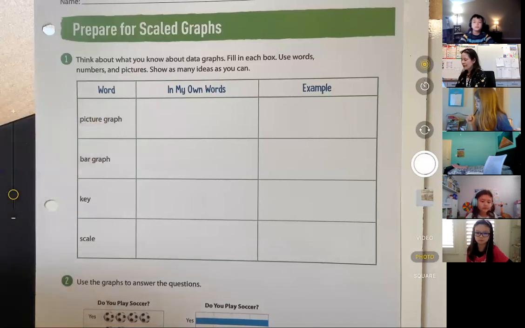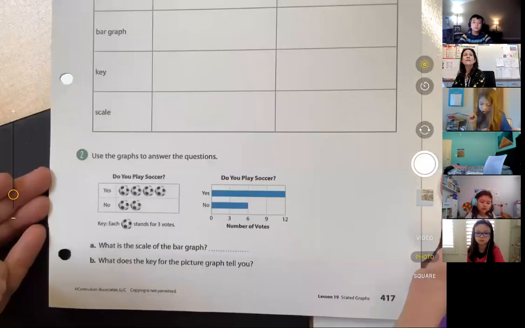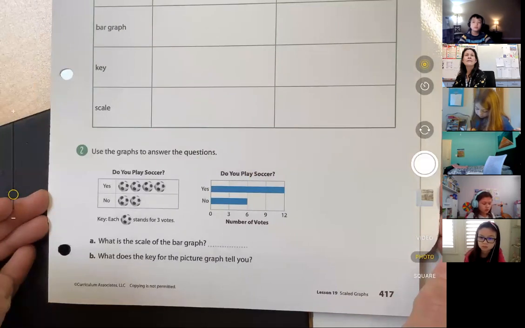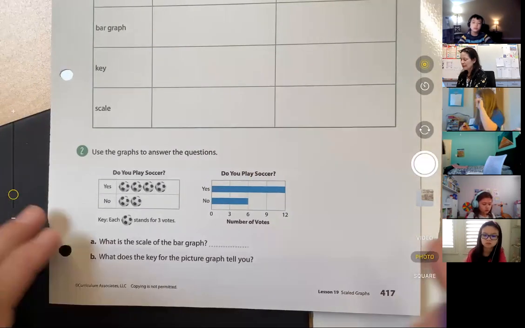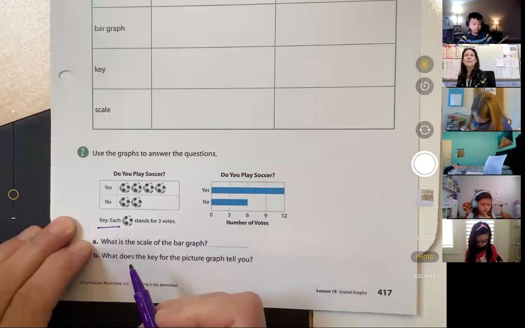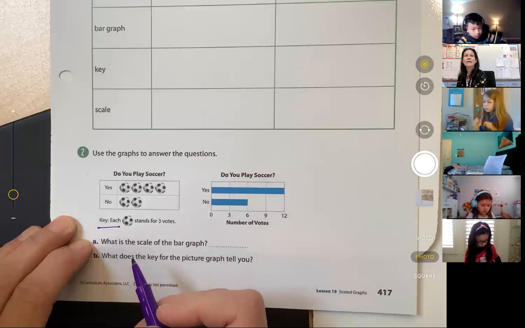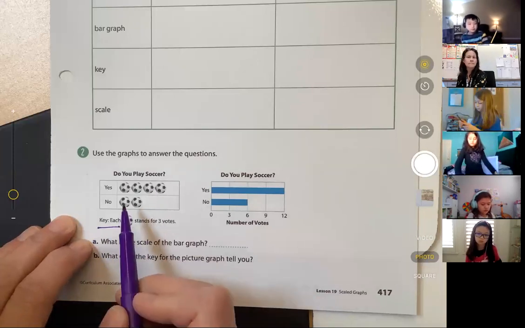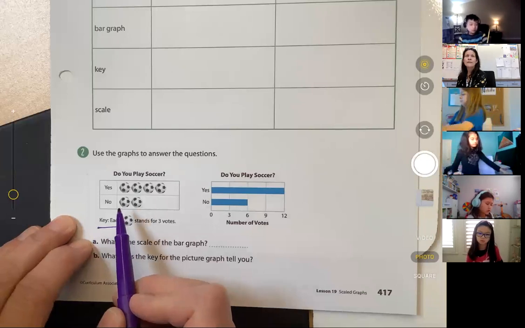And then it's saying down here on question 2, use the graphs to answer these questions. Please be very careful about the key. Make sure you know what each of those soccer balls, for example, stands for, friends, because it's not just one vote. Read the key.